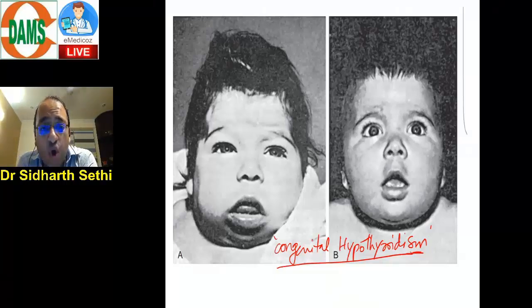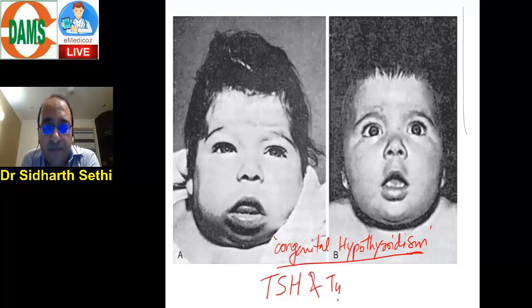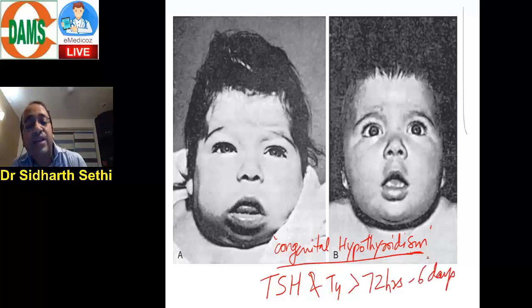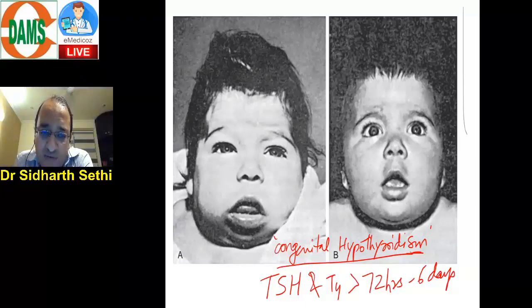Every baby in the world should get a TSH and a T4 after 72 hours of life. According to the American Academy of Pediatrics, you need to get a TSH and a T4 after 72 hours of life. This interval of 72 hours to 6 days is the best time to look for congenital hypothyroidism.